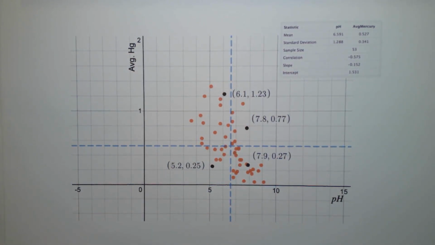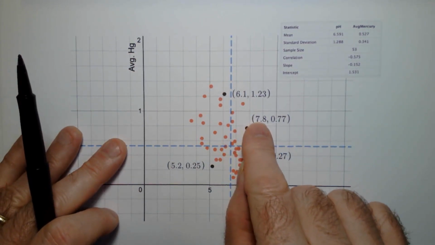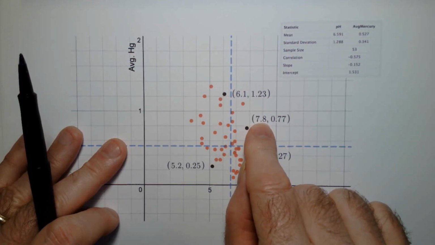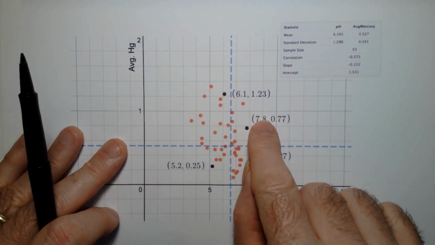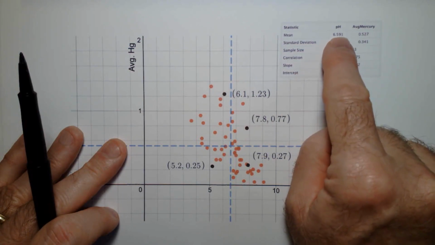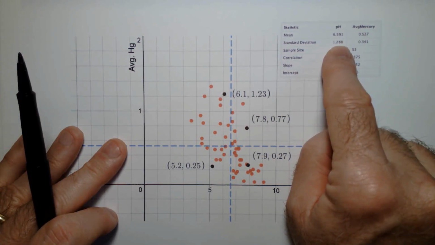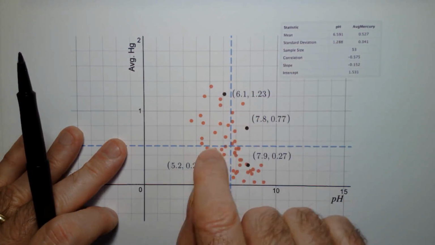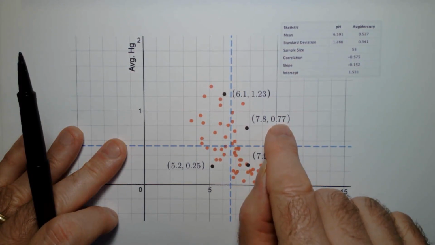All right, now here's what that entails. I have to take the 7.8 here, for instance, in this first coordinate, and I have to find its z-score. Now, it's a pH level, so I have to standardize it according to the mean and standard deviation appropriate for a pH level. Then I have to do the same thing for the 0.77.